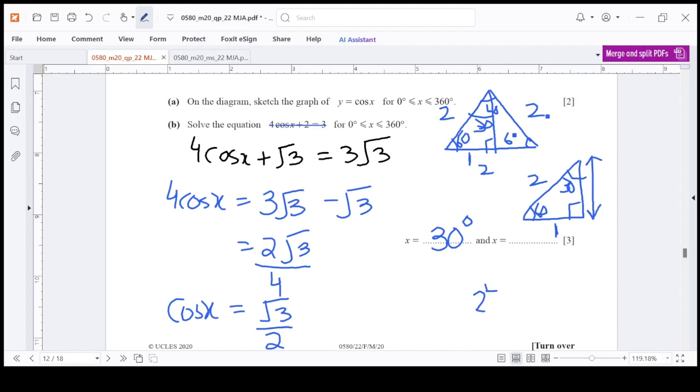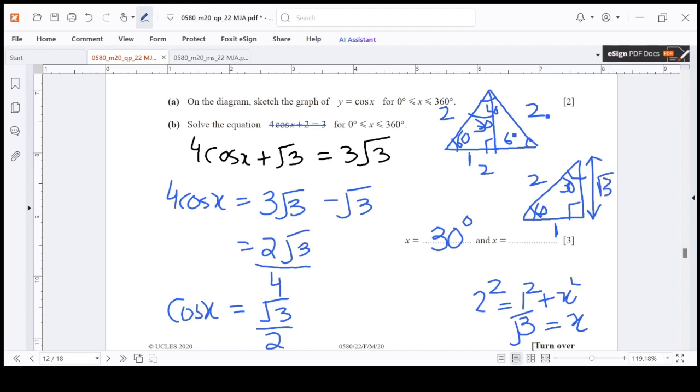You can find the third length using Pythagoras theorem: 2 squared equals 1 squared plus x squared. So 4 minus 1, 3, is equal to x squared, and taking the square root on both sides, x is equal to square root of 3. So this third side is square root of 3.